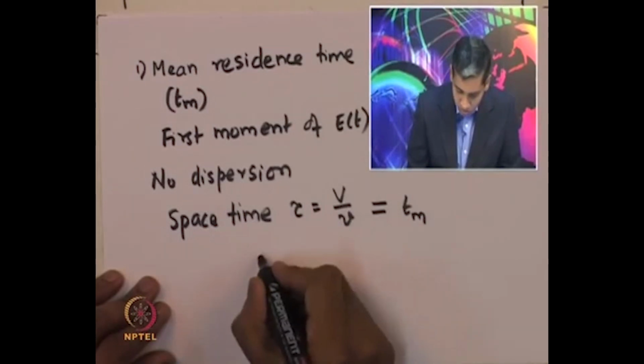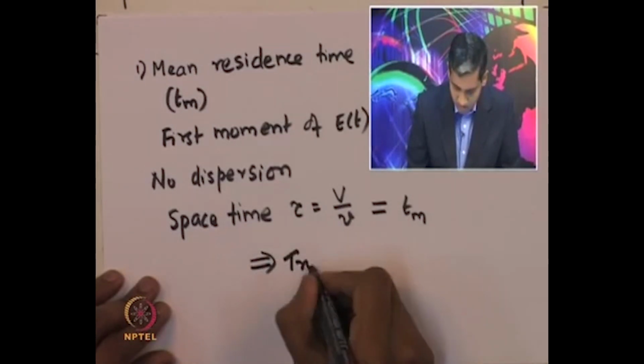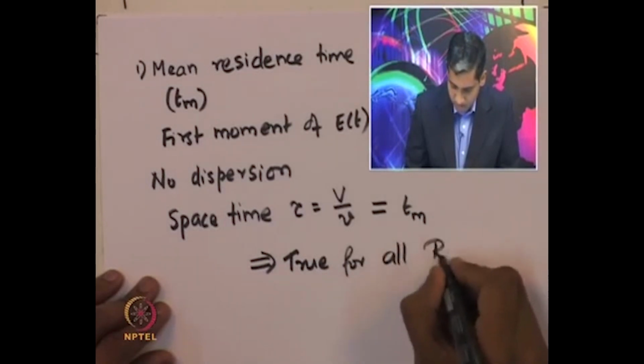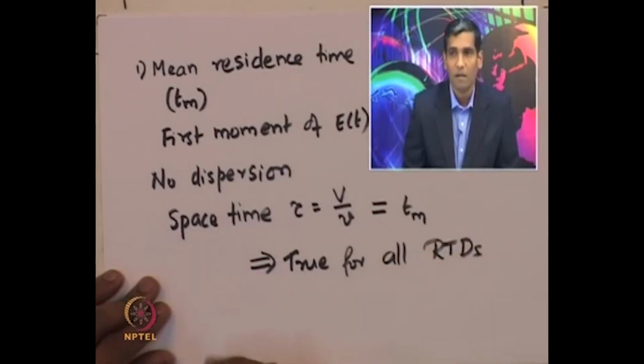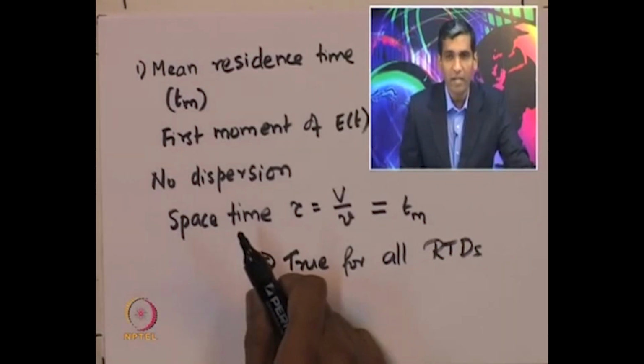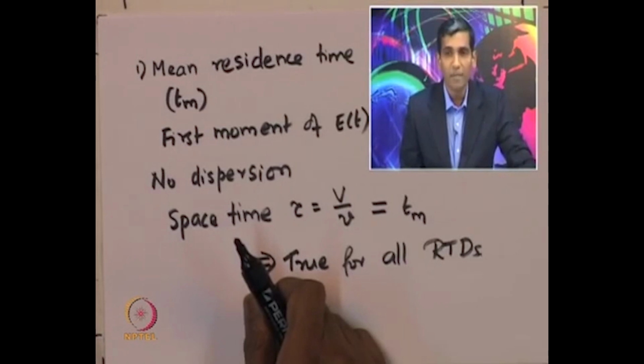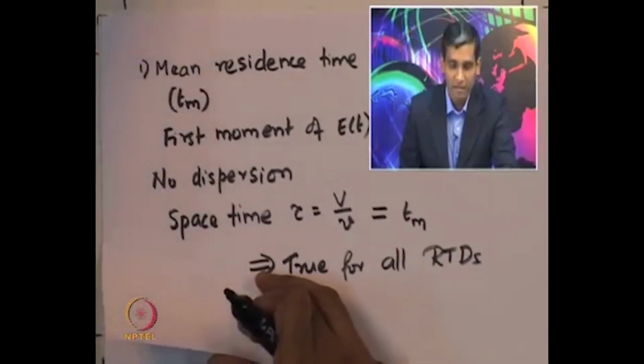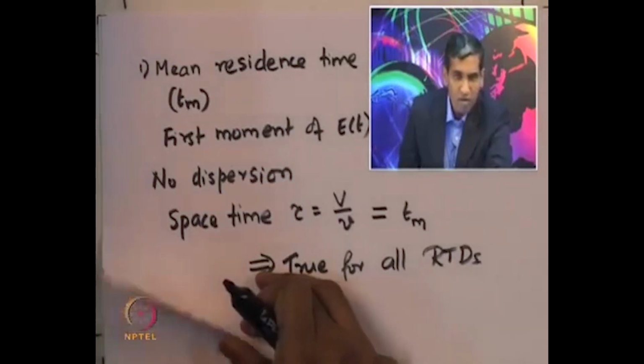So, this is true for all RTDs, irrespective of what type of reactor, as long as the dispersion is absent. Now let us look at how to calculate the mean residence time from the residence time distribution function E of t.